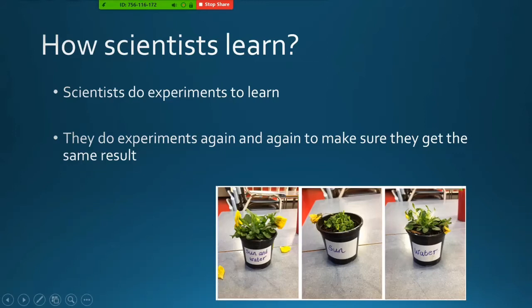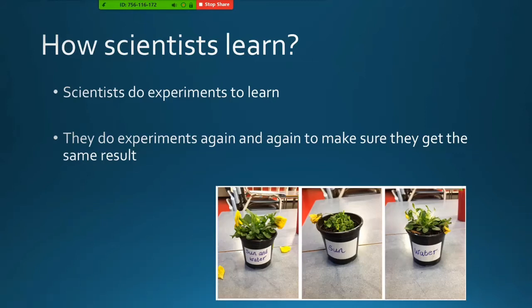Like here, if we talk about this experiment, if scientists want to learn about how plants grow or what plants need to live and grow. What do plants need to live and grow? Plants need 5 things. They need water, air, sunlight, space, and nutrients from the soil. Clear? Okay. In the first experiment here, scientists use only water. Will the plant grow, what do you think?